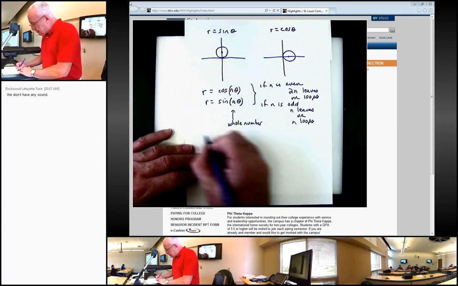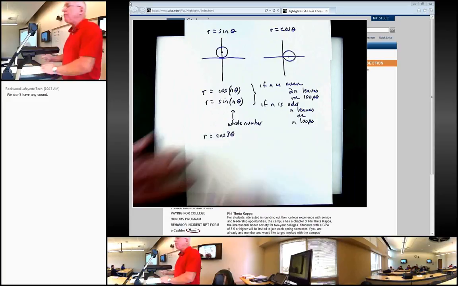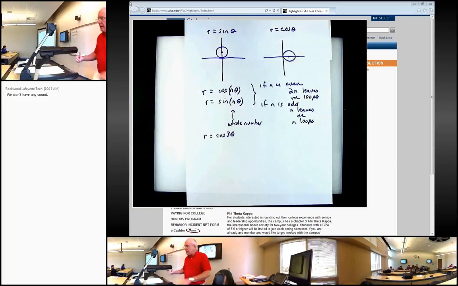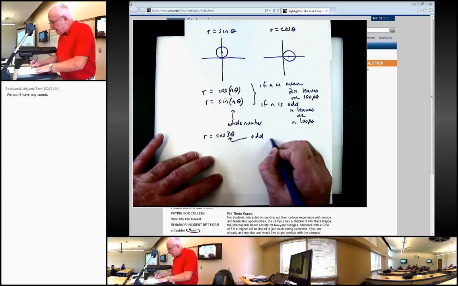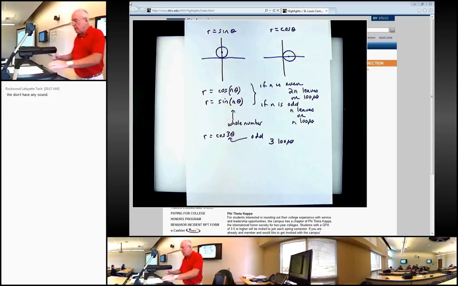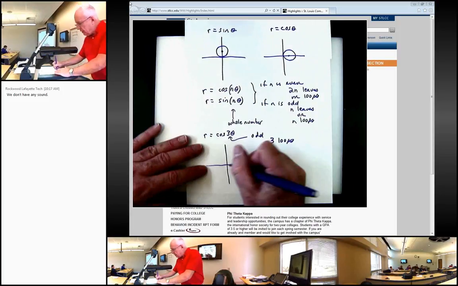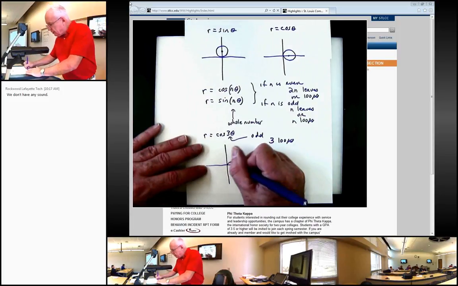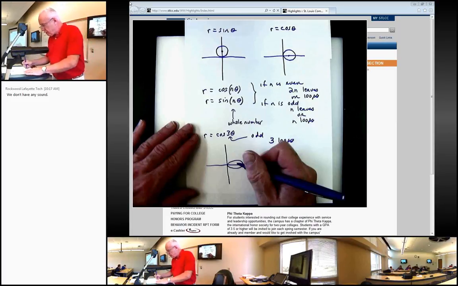So let's say that r is equal to the cosine of, say, 3 theta. Now that's an odd number. So we're going to have 3 loops, all right? And it's going to look something like this. We're going to have a loop here. Oh boy, here we go with drawing.